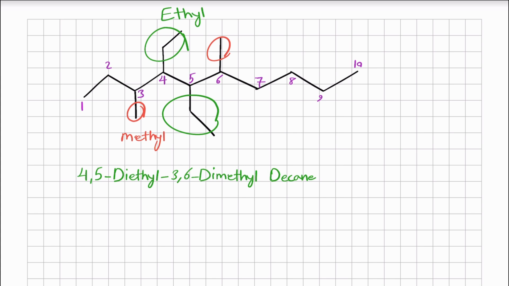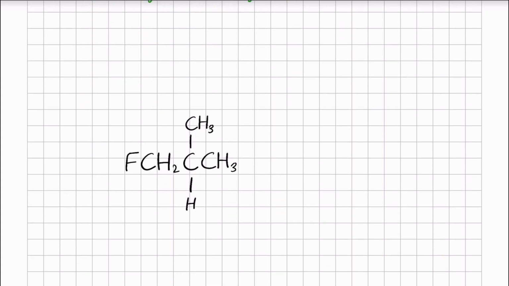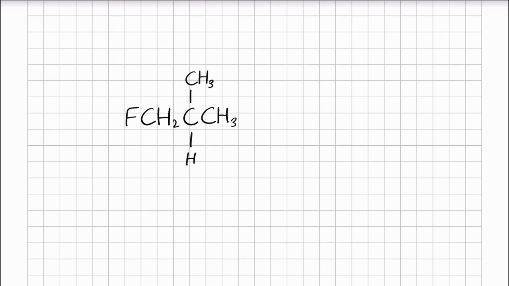Let's go to a harder one. So what's your idea about this one? It looks a little different because we have a fluorine atom. But the key is that we consider the fluorine as a substituent, and all of the rules that we discussed are true for it as well. First let's find the main chain, which would be this, containing 3 carbons.